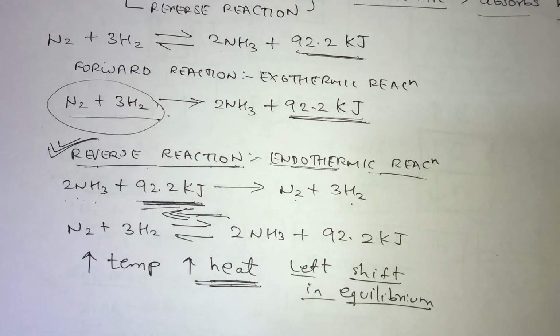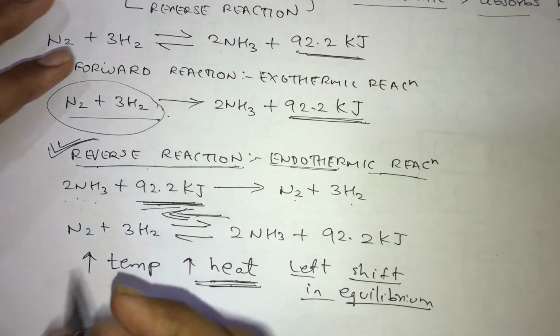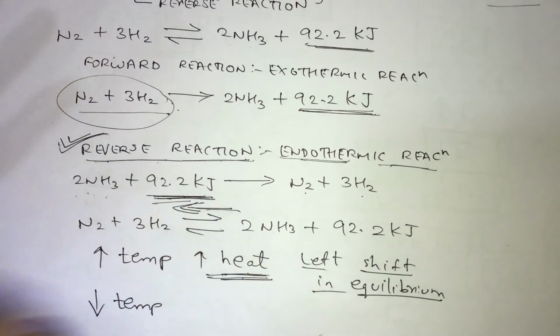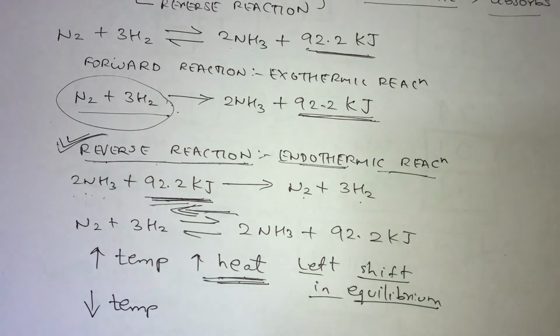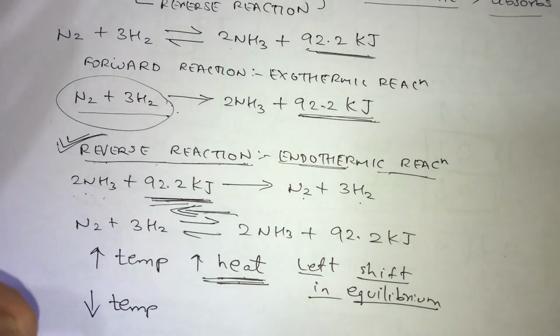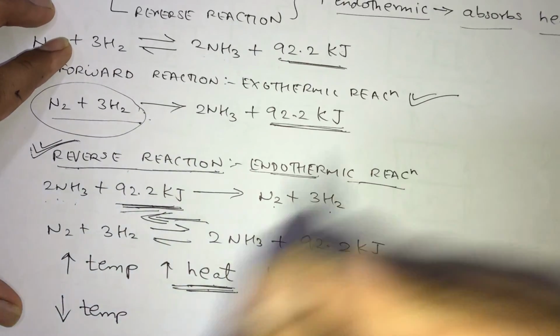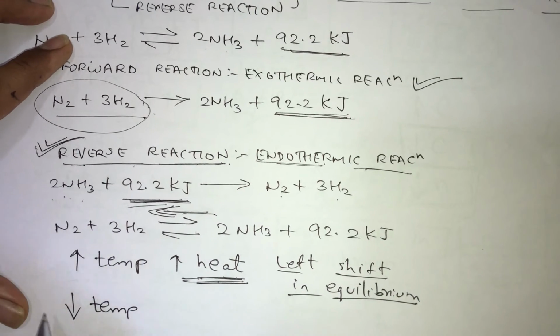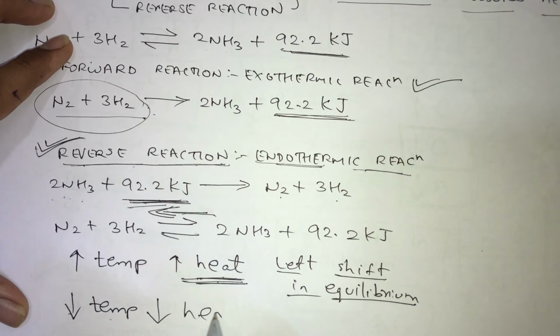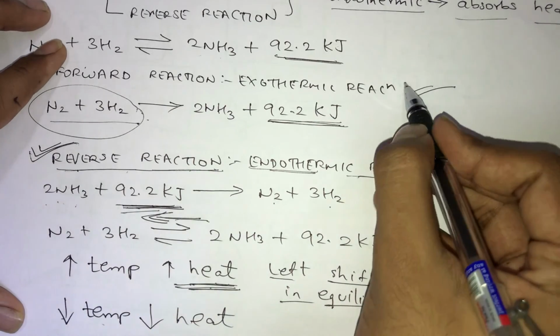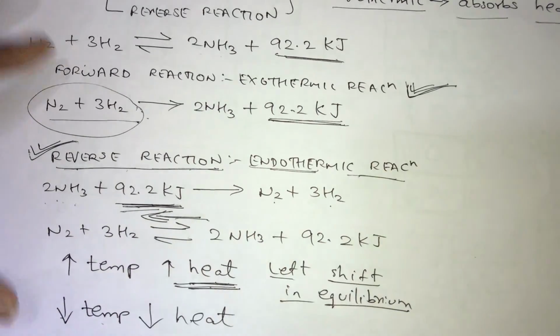Now suppose you decrease the temperature. If you decrease the temperature, then the exothermic reaction is going to dominate. If you are decreasing temperature, which means you are decreasing the heat, am I right? Decreasing the heat means that the exothermic reaction is going to dominate.